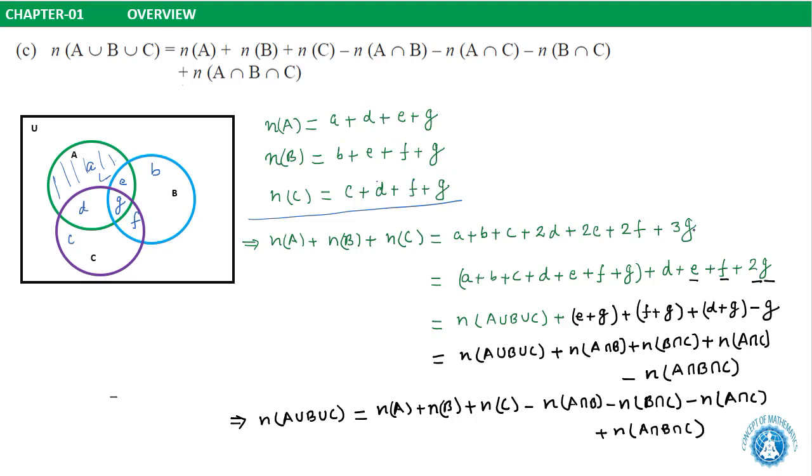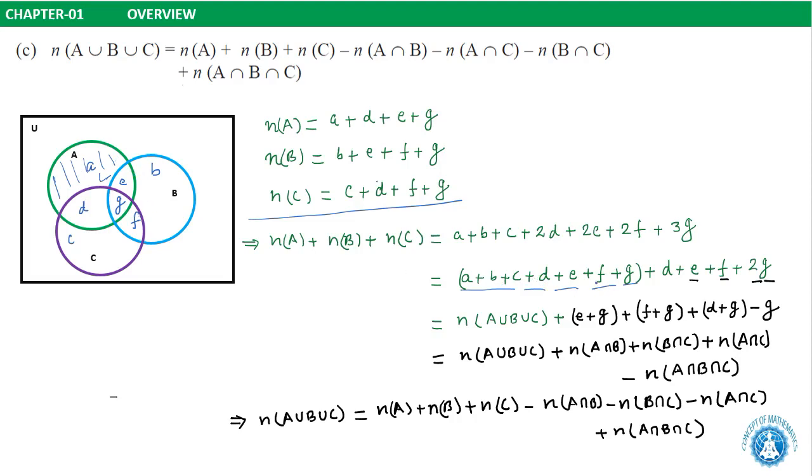Now we will separate the numbers, that is a plus b plus c. Our motto is to find the union of these three sets.